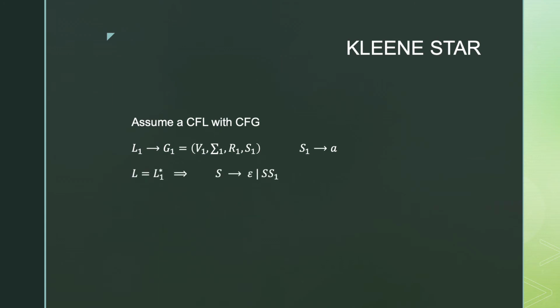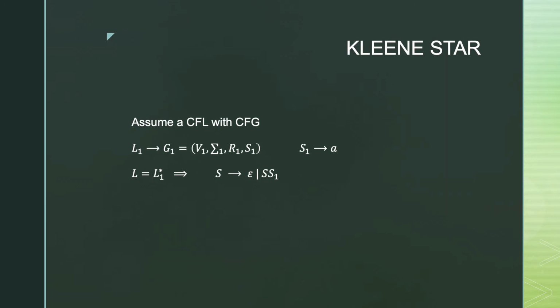Coming to Kleene star, assume a CFL with CFG, and similar to previous, we define an L1 and G1 having a 4-length tuple, and for simplicity I've taken S1 produces just a terminal A. Now for Kleene star, let's define what Kleene star is.